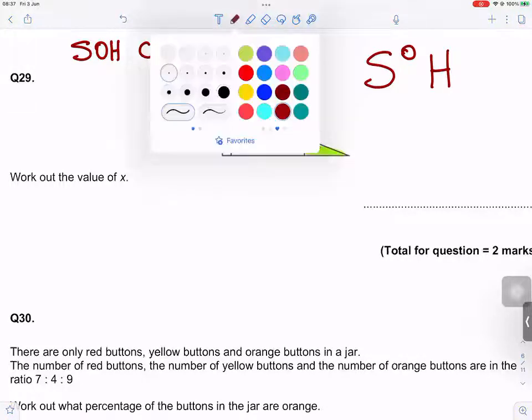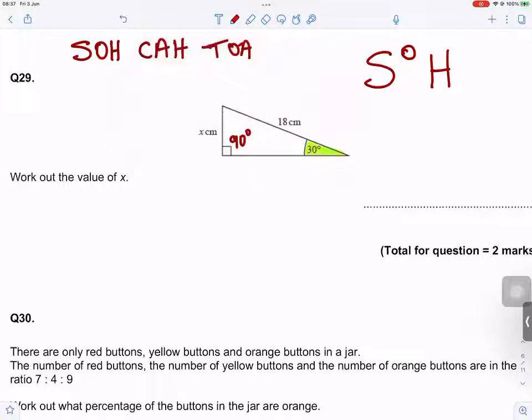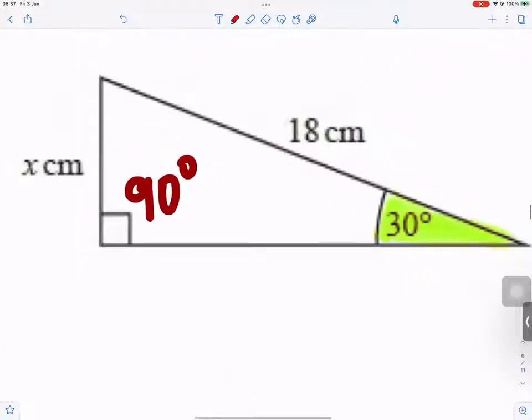So the method is to label the triangle. I'll zoom in so that you really get this one clear.